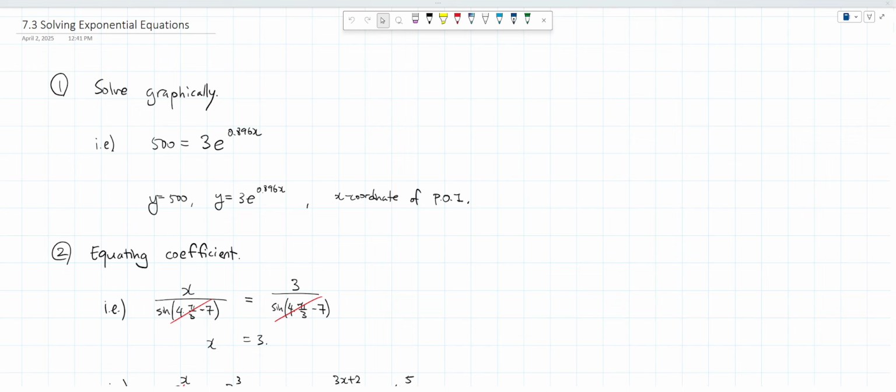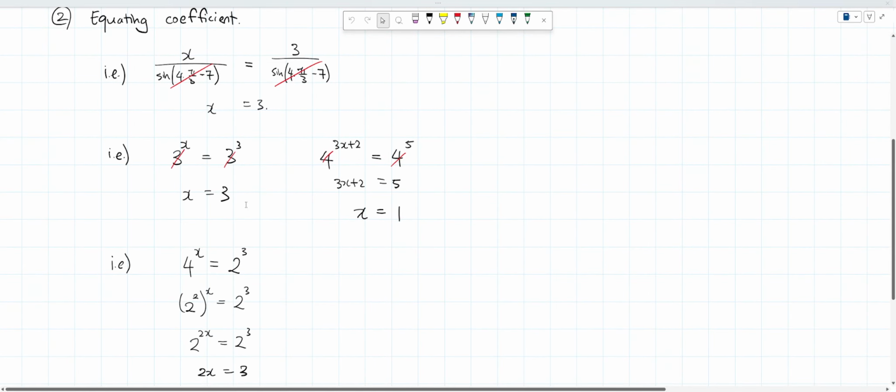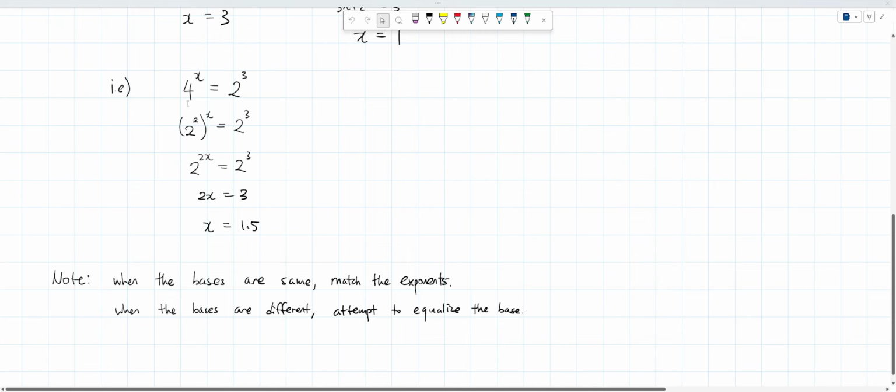But there's a more algebraic method to solve exponential equations as well, called equating coefficients. We saw some examples where it's pretty obvious, when the bases are the same. Then we also briefly saw the case where we have different bases.